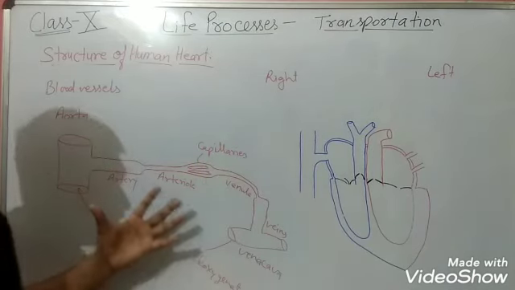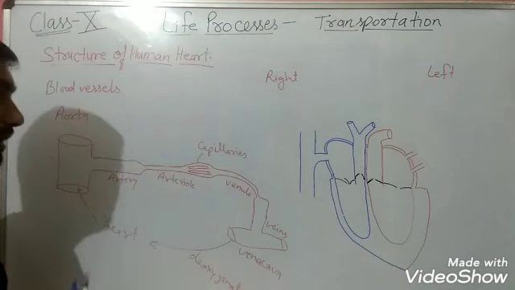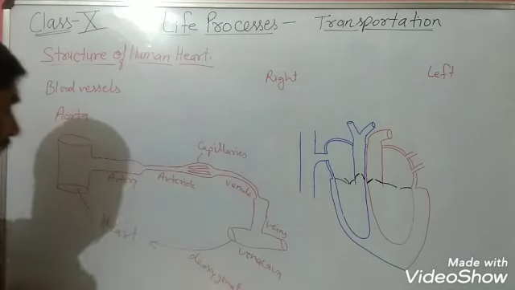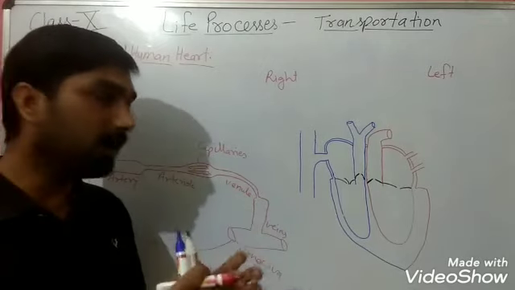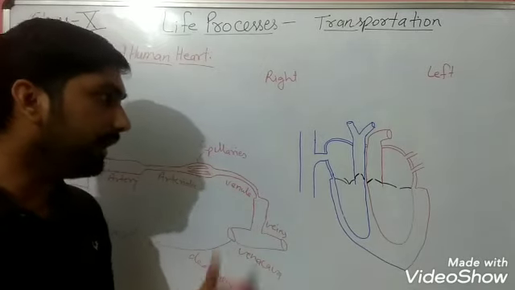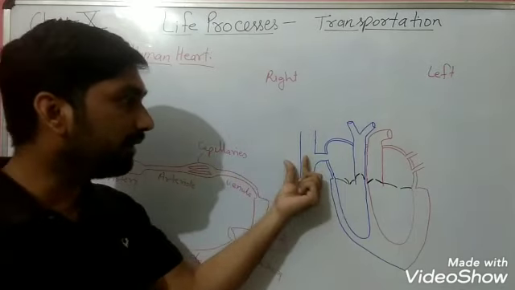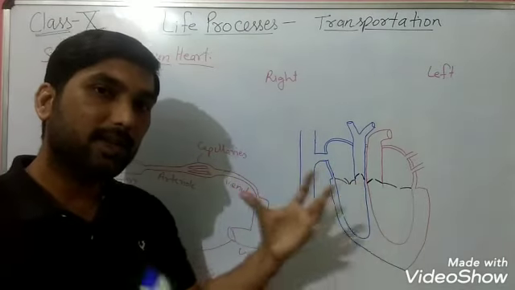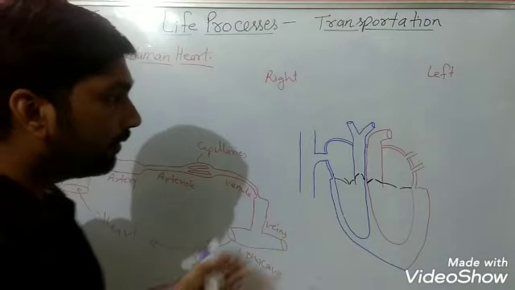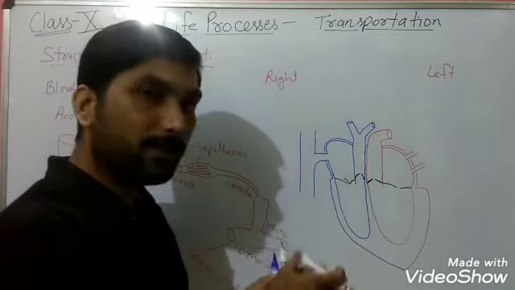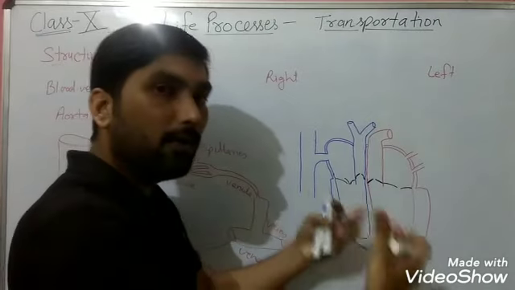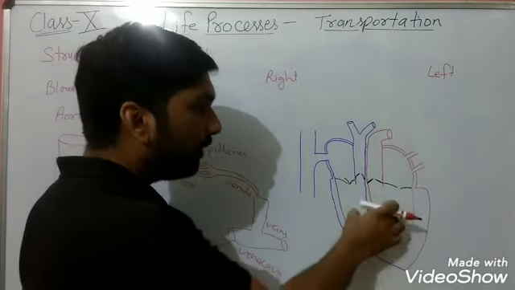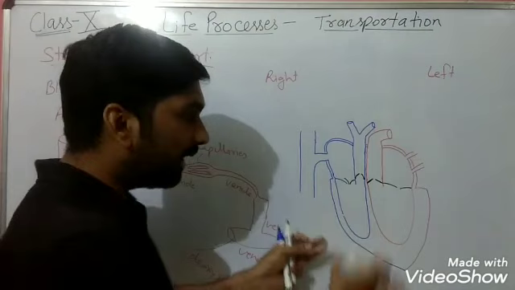So in the board exams, frequently the question is asked: why do arteries have a thick wall in comparison to the veins? Means the veins have a thin wall, whereas arteries have a thick wall. From the figure itself you can get an idea that arteries originate from the ventricles, and since the ventricles have what?